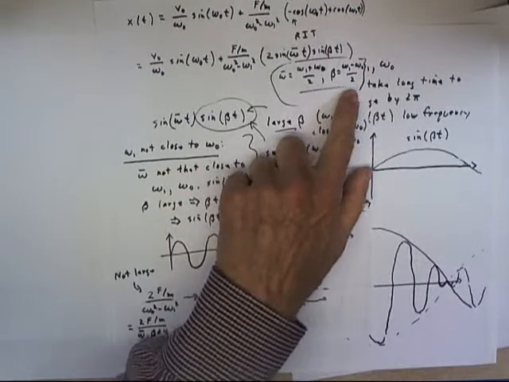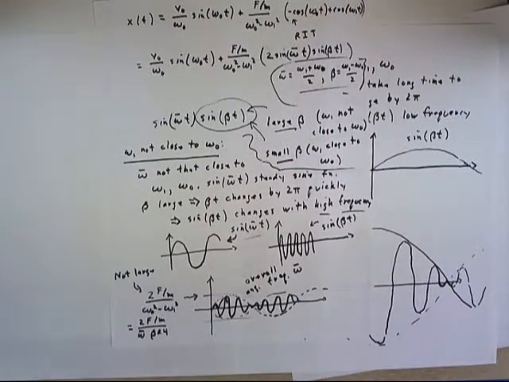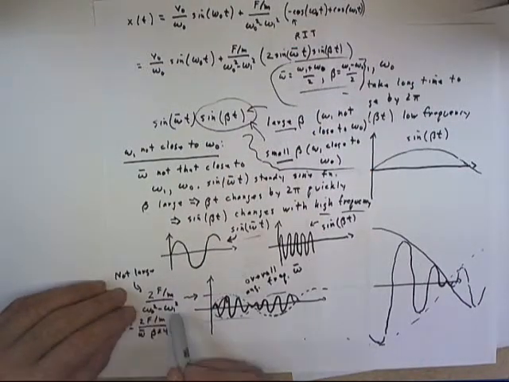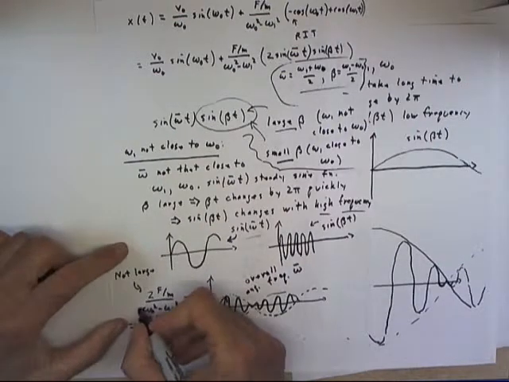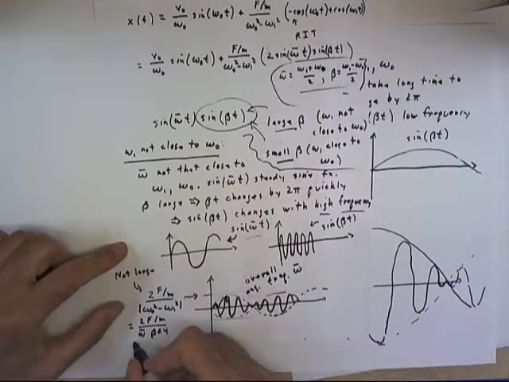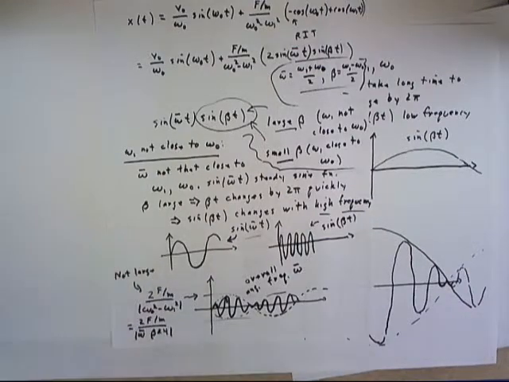And of course then we get a denominator of 4. So this denominator, omega naught squared minus omega 1 squared, is going to have a magnitude. I should put a magnitude on this and a magnitude on this. Going to have a magnitude 4 times omega bar beta.